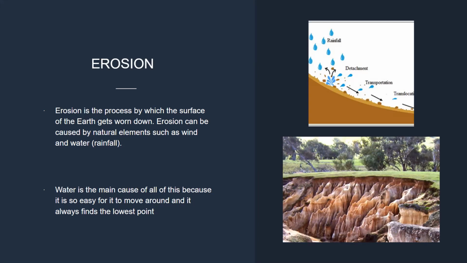This is very common in riverbeds where it rains a lot, and along cliff faces as well. You'll find a lot of rainfall occurs there and wears down the rock. You can see by the photo in the bottom right, that's all through rainfall. Water goes down to the lowest point, and it takes a tiny bit of rock with it and slowly wears away at the rock.